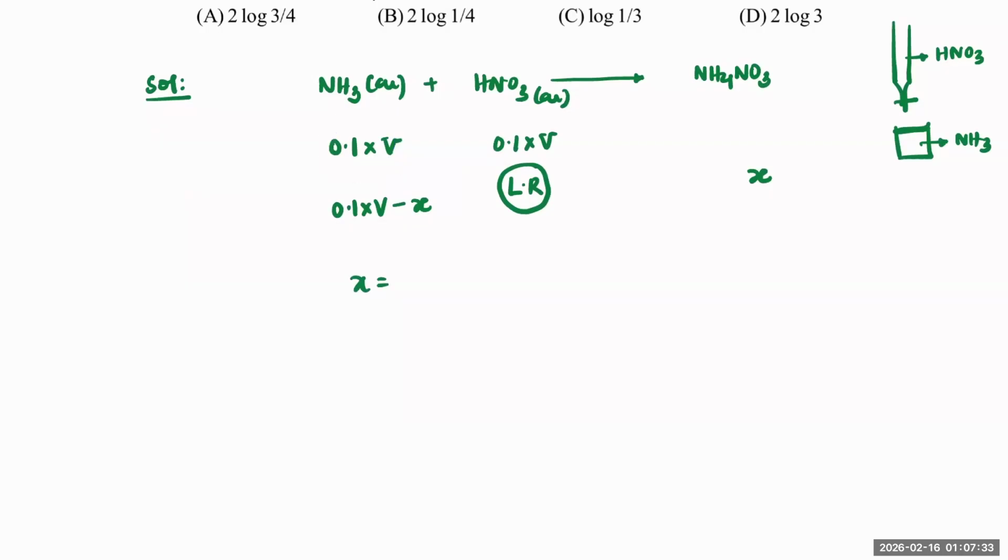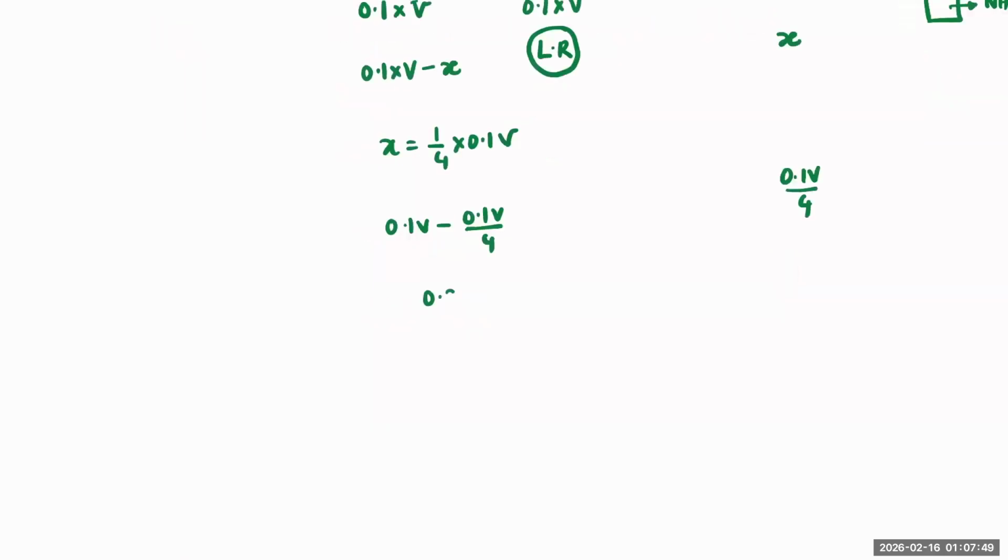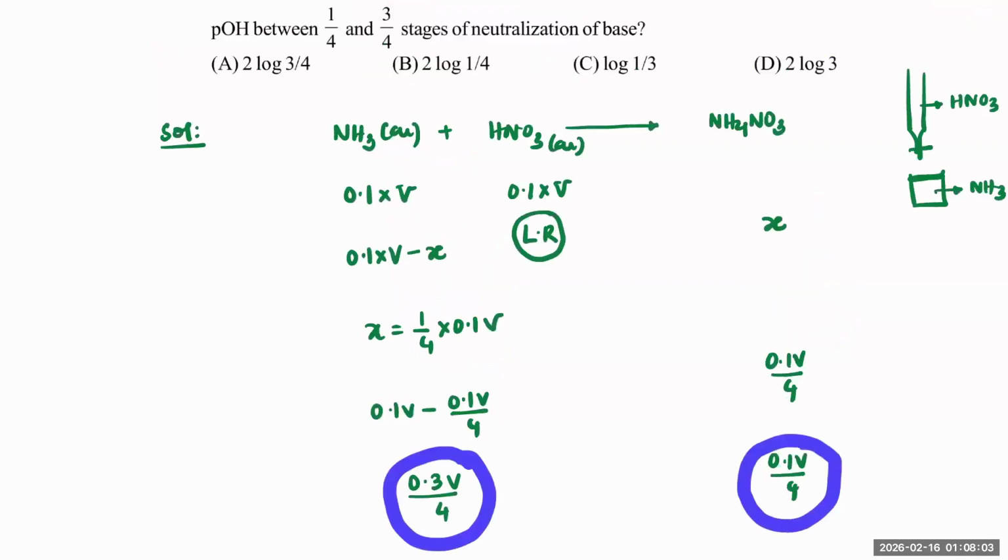So 1/4 of 0.1 into V. Which means 0.1 V minus 0.1 V by 4, and here it is 0.1 V by 4, which makes this 0.3 V by 4, and this is 0.1 V by 4. So these are basically the moles for ammonia and its salt.